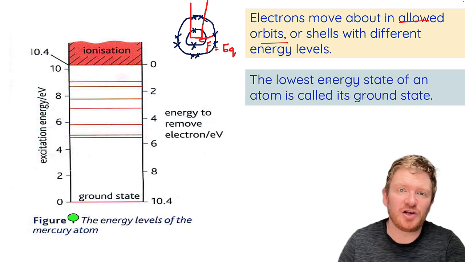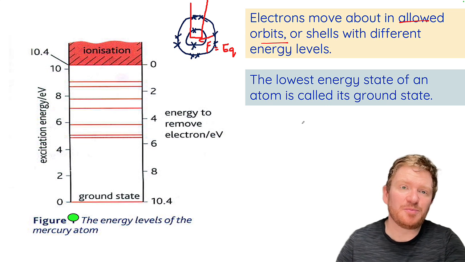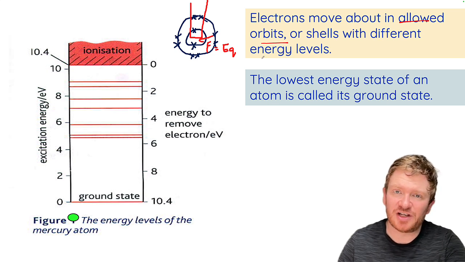The first one is that we say the lowest energy state of an atom is called its ground state. If you have simple hydrogen, that would be 1 electron in the first shell. If you have a noble gas, it would be 1 of the electrons from the outer shell. Again, if you've done chemistry, you're probably familiar with this.